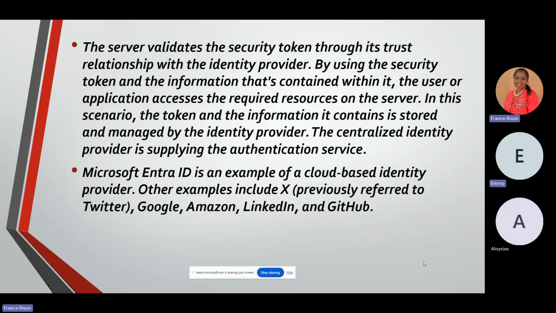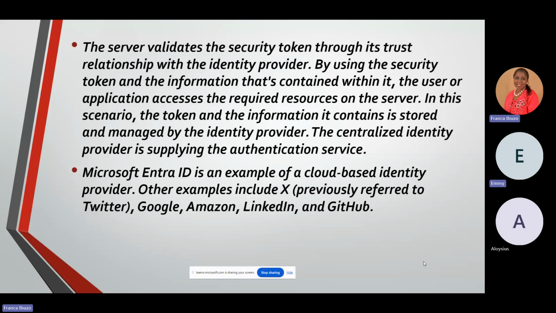By using the security token and the information that's contained within it, the user or application accesses the required resources of the server. In this scenario, the token, the information it contains, is stored and managed by the identity provider. So all this information is stored and managed by the identity provider. So like I said earlier, it's a database.